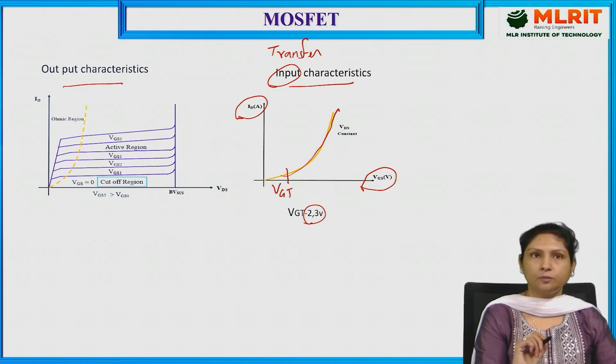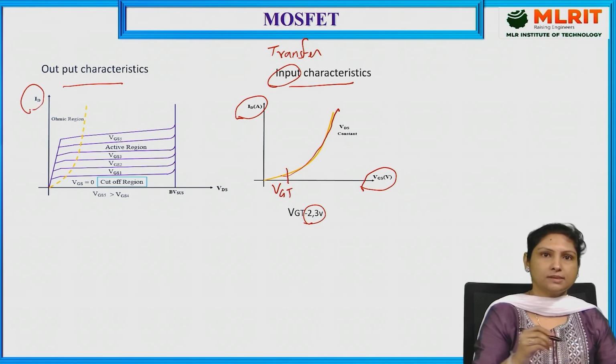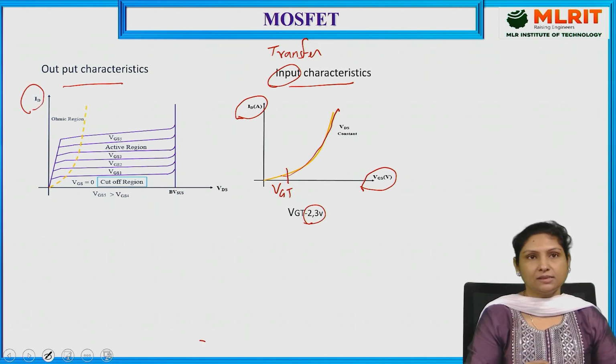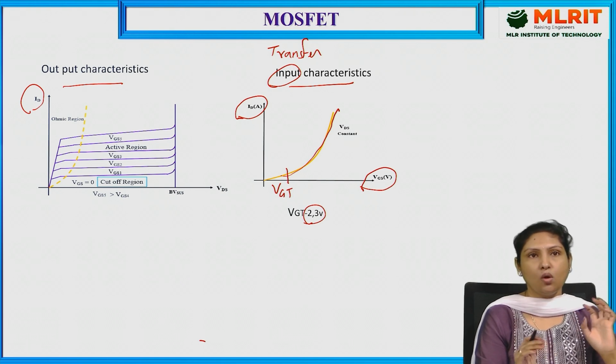Coming to the output characteristics of a MOSFET, where output current is plotted versus the gate to source voltage VGS. Whenever the gate to source voltage is 0, the device does not conduct and there will be no output current.